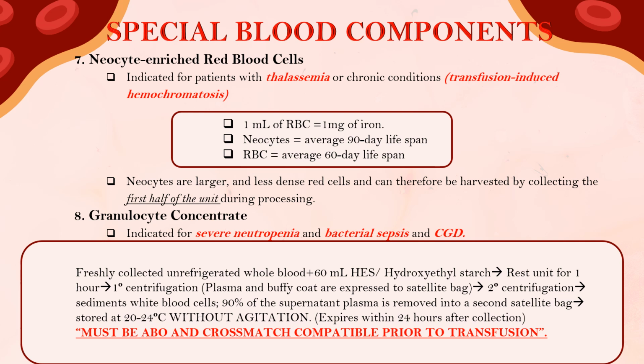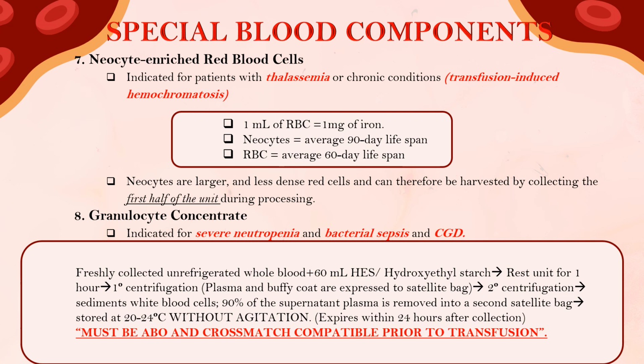Next, we have granulocyte concentrate. These are units given to patients with severe neutropenia who have a life-threatening systemic infection that is uncontrolled by antibiotics, and or patients with bacterial sepsis.